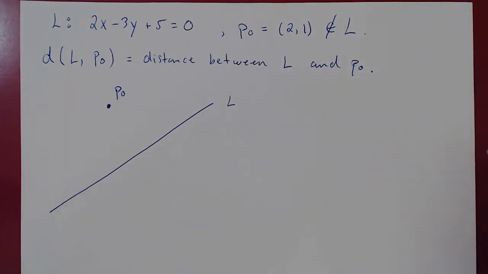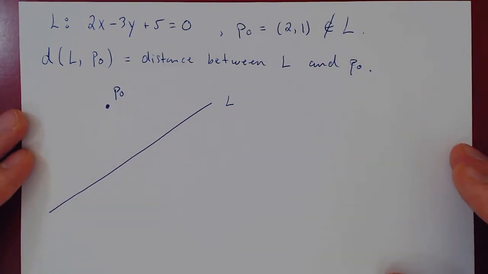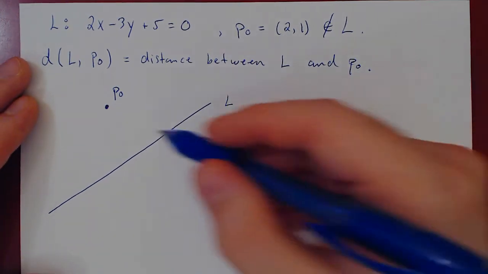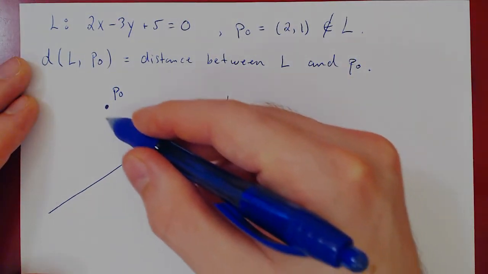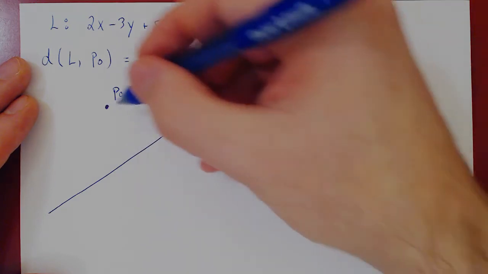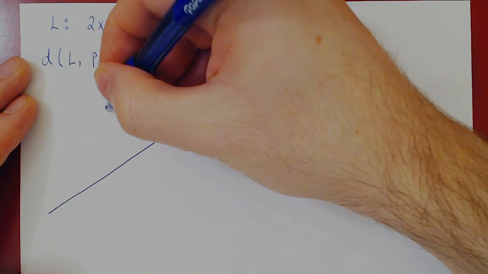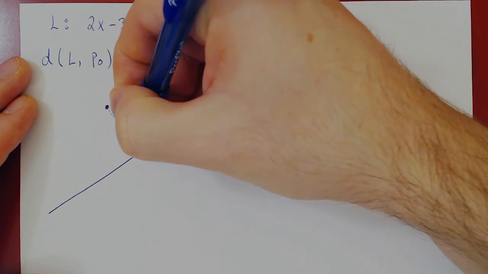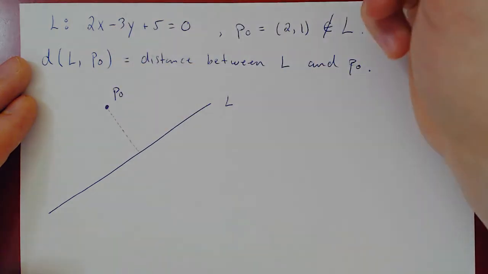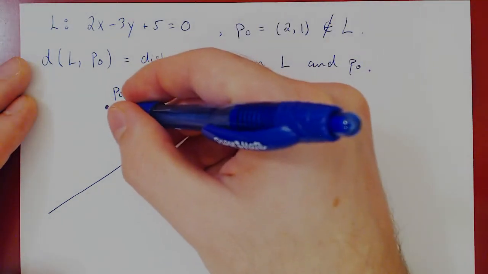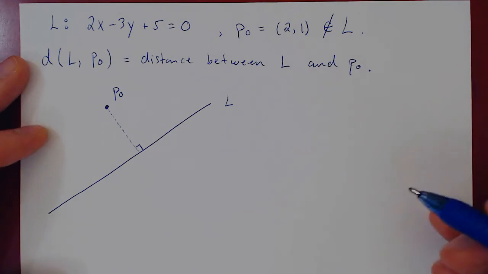As always, for any distance problem, try and visualize the line segment whose length is the distance. And of course, if you use your intuition, this would be the segment connecting P naught to L, and the line segment would meet L in a perpendicular fashion. So the length of this segment is the distance.